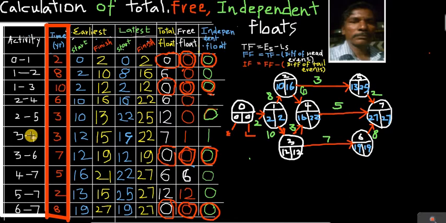Now 3 to 4, where is 3 to 4? Here it is. The earliest start time is 12 and the earliest finish time is 15. Don't say it's 16, because we have to add and write it. 16 comes this way where we write the maximum, but here we have to calculate: 12 plus 3 is 15.